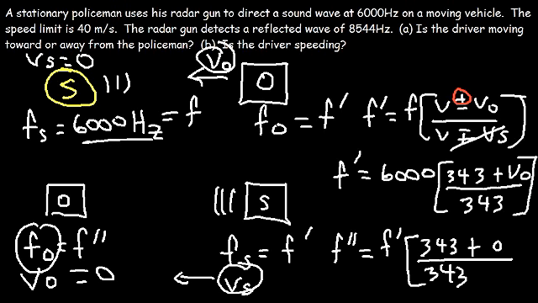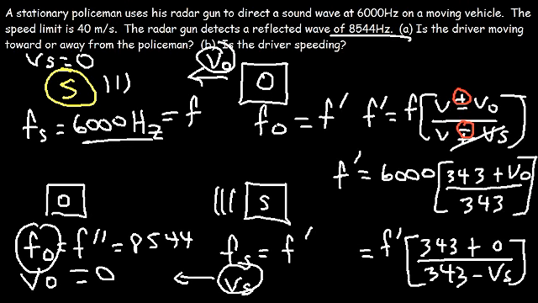Now, because the source is moving towards the observer, the frequency still has to go up because the distance between them is decreasing. And for the frequency to go up, the denominator has to decrease. So therefore, in order for the denominator to decrease, we need to use the negative sign associated with Vs. So it's going to be minus Vs. And F double prime is the frequency of the reflected wave, which is 8,544. So let's replace F double prime with that value.